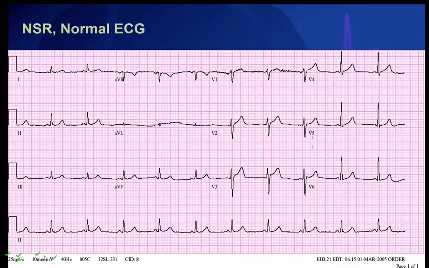Every 10 millimeters equal 1 millivolt. And on the right lower side, we have a date and time. So it is always important when you interpret an ECG to check it is recorded at a speed of 25 millimeters per second, and that every 10 millimeters equal 1 millivolt.